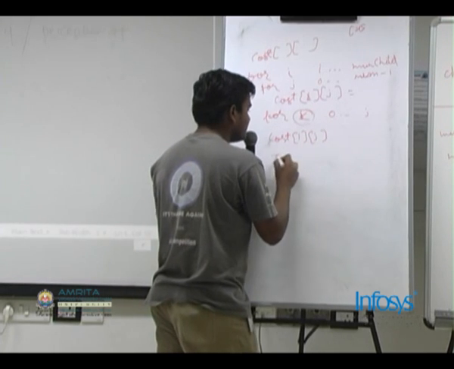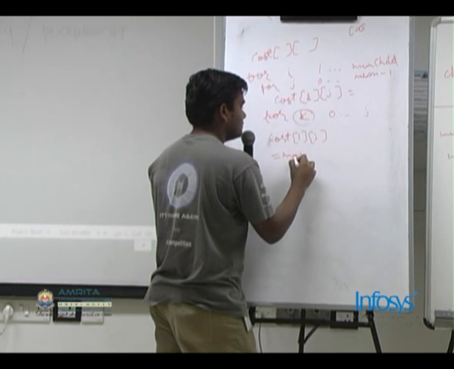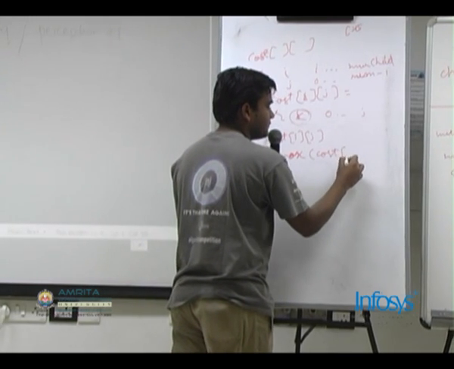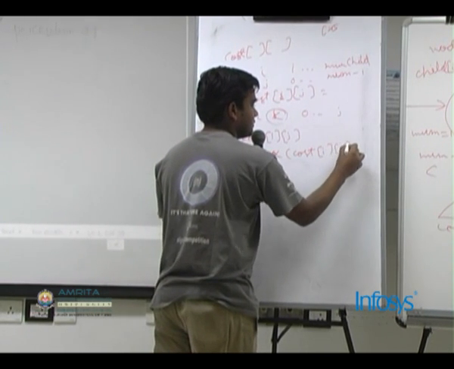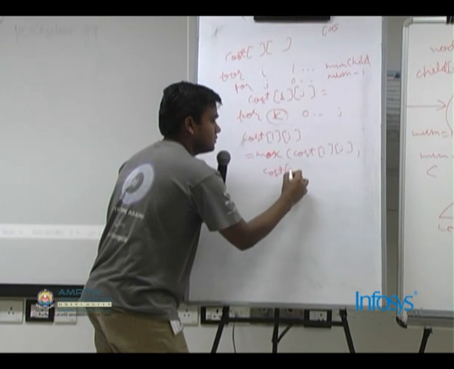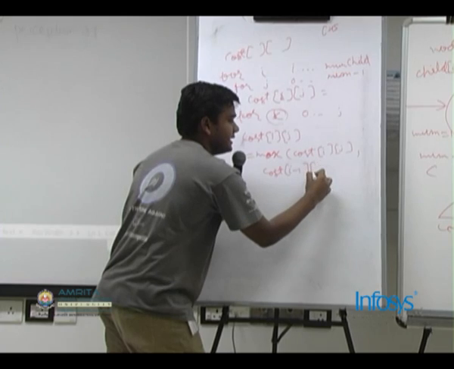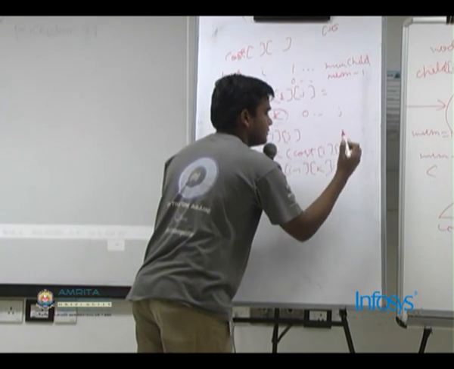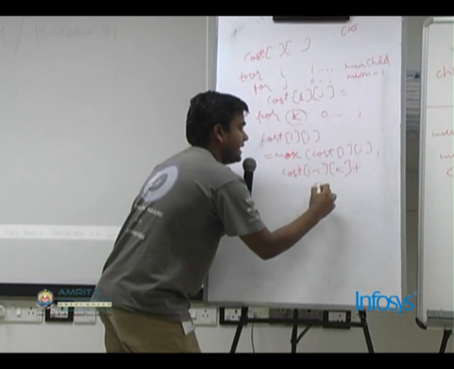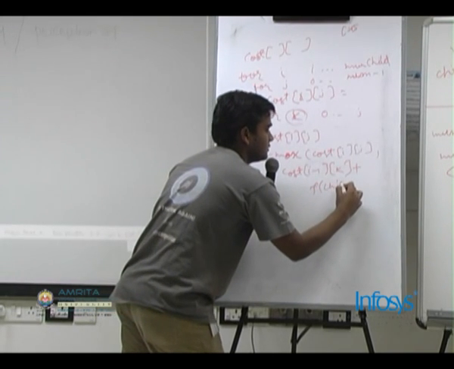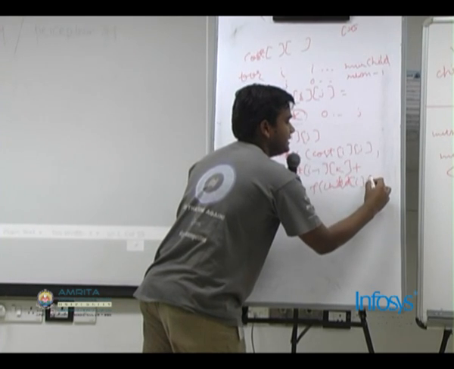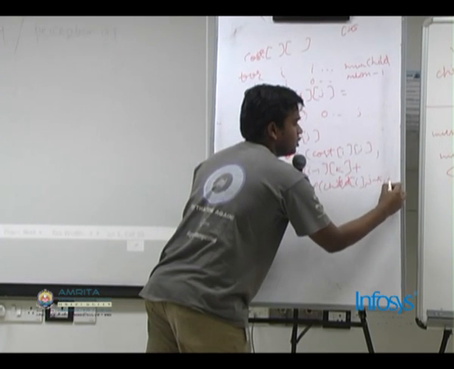So cost of ij, you can update this as the maximum of cost of ij or cost of i minus 1 k plus f of child i, j minus k comma 1.